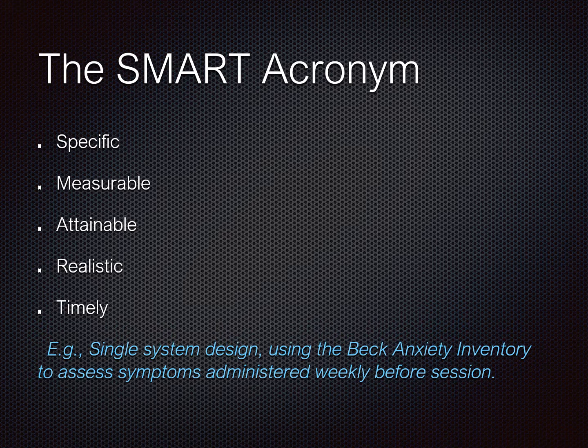Okay? So that is a specific outcome. We're looking for reduction in anxiety symptoms. It's measurable via an instrument. It's attainable because you have the client there and you can ask them just to complete that measure before the session. It's realistic and it's timely. So it's not so infeasible that you have to dedicate so many resources or go through a huge procedure in order to capture the data.